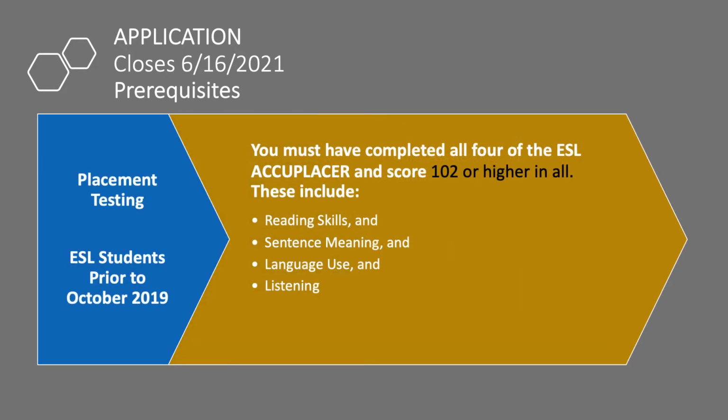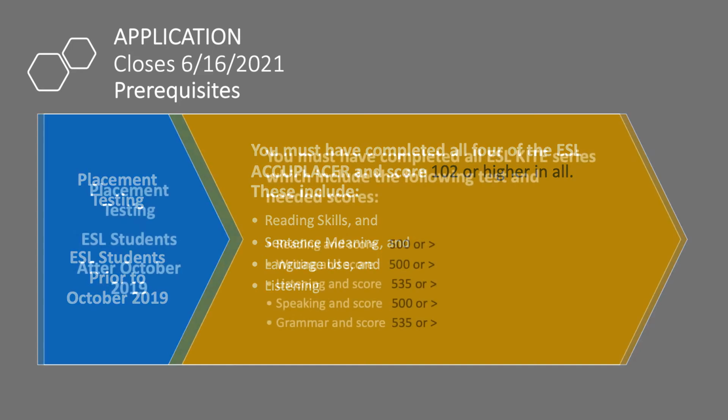For ESL students, testing prior to October 2019 must include Accuplacer reading skills, sentence meaning, language use, and listening. Students must have all of this testing and have scored 102 or higher on each test.